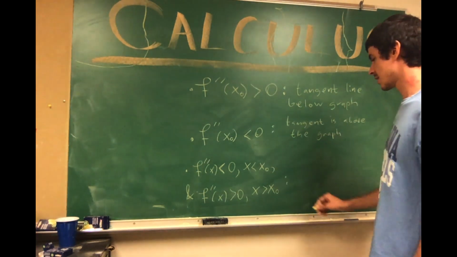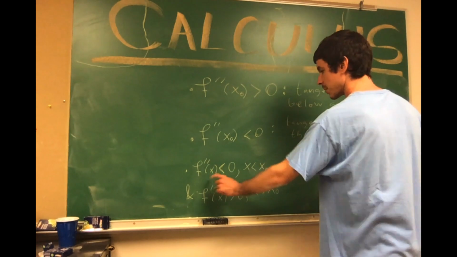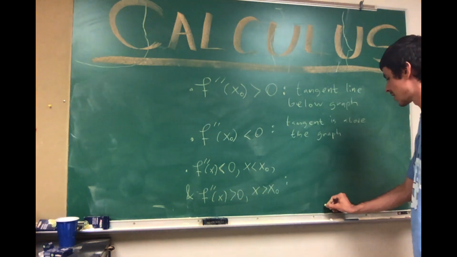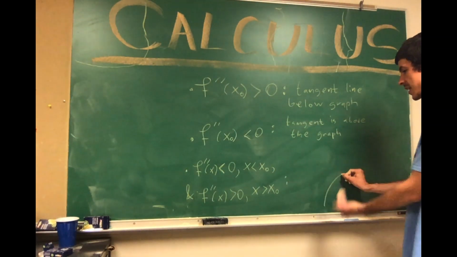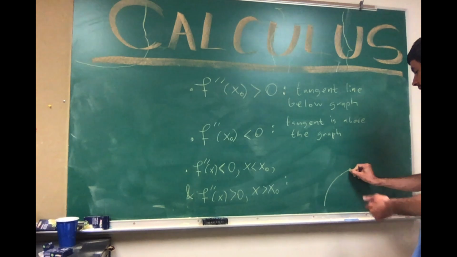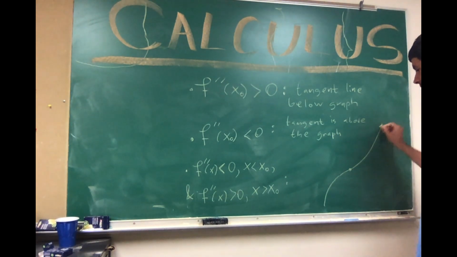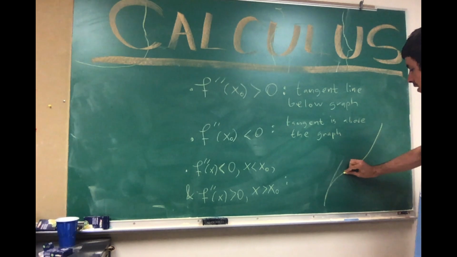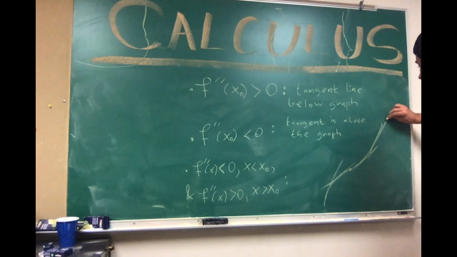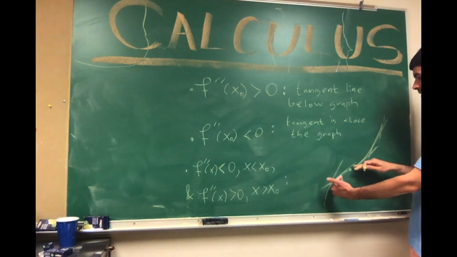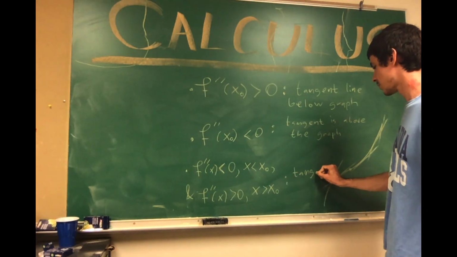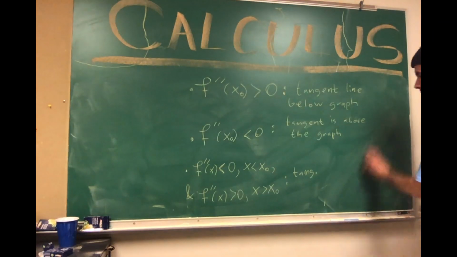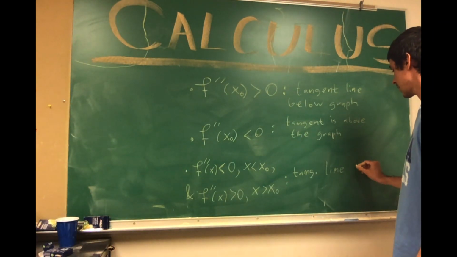The tangent line switches. And you can see this: f double prime of x is less than 0, so the slope of the tangent line is decreasing on one side, and then, let's say this is the point where it switches, and now it's going to start increasing. The slope of the tangent line increases. The tangent line is above the graph, but then we get over here, and the tangent line starts being below the graph. So this is where it switches. So the tangent line switches sides.